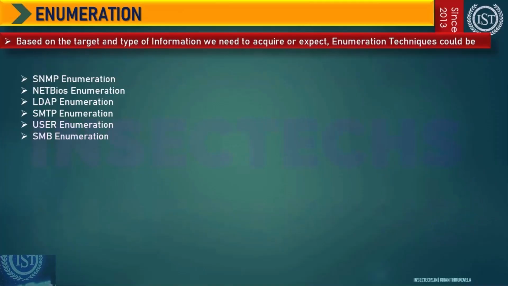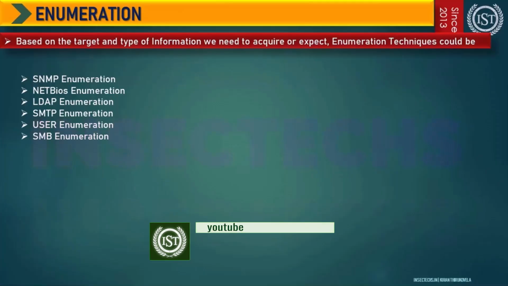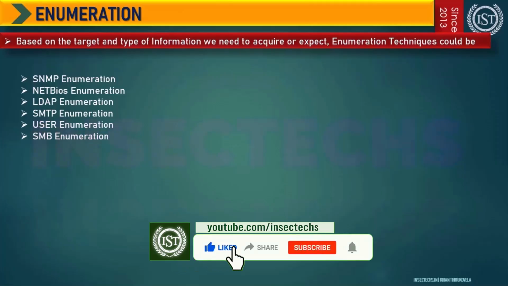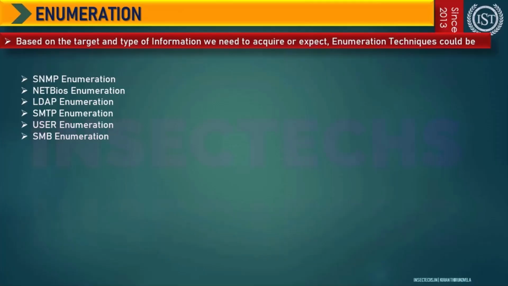So here you will perform LDAP queries, means you will query the LDAP server to retrieve the directory information, which contains various types of information like user accounts information, group information, organization structure, that is OUs, organizational units, service information and so on.